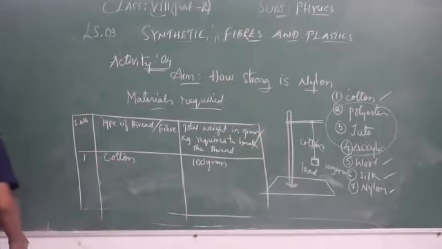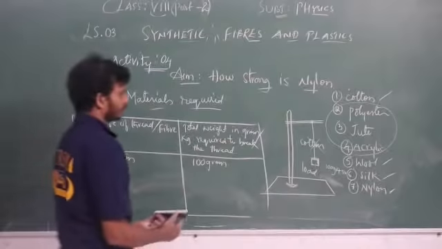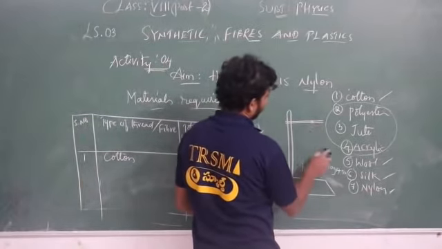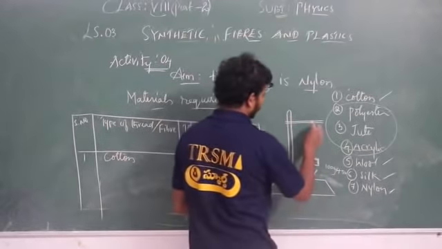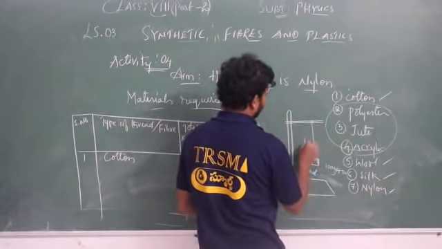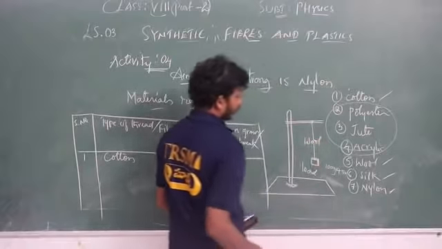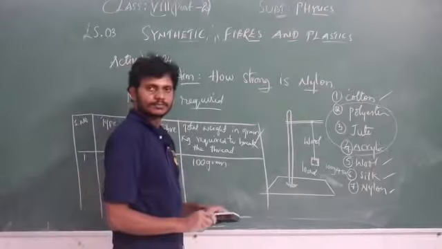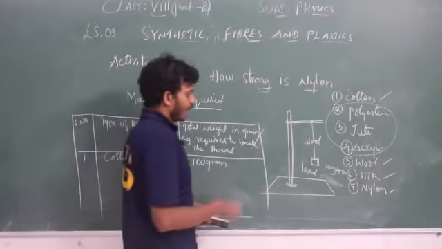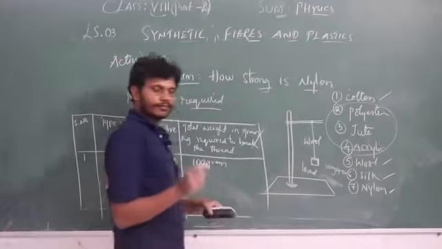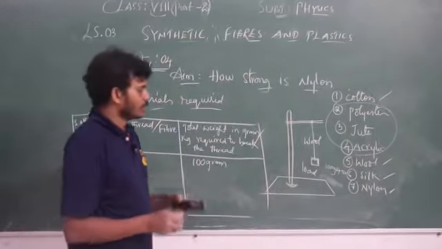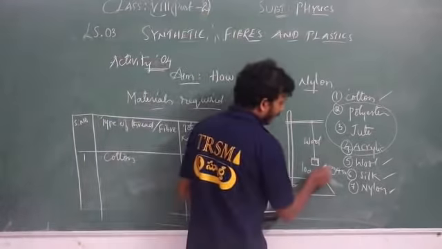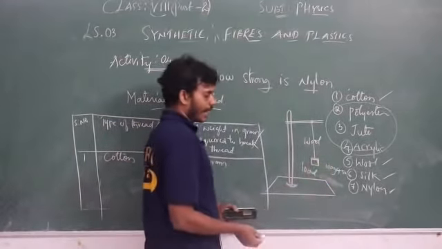In the second attempt, instead of cotton I have taken wool. So I added 100 gram, no problem, it's not broken. I added 50 more gram, so it is now stiff, and I added 50 more gram again.